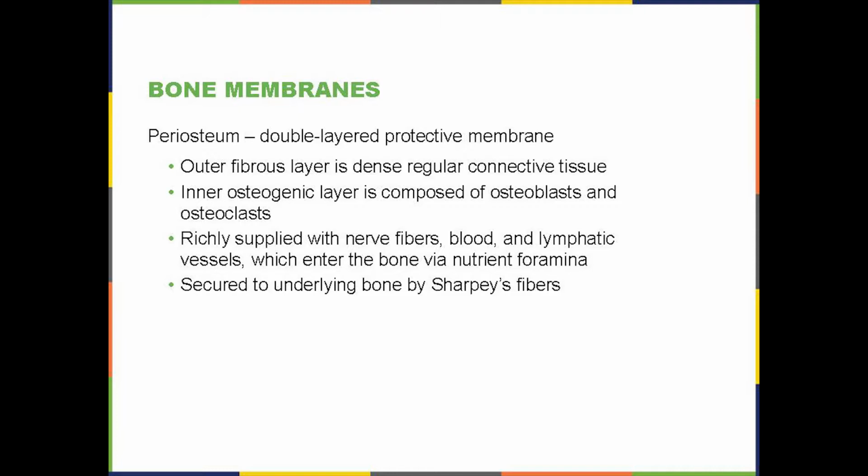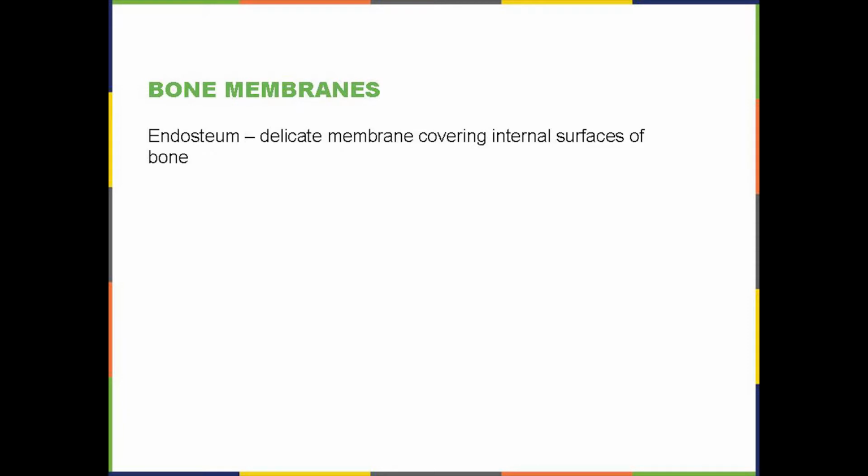Endosteum is on the inside. There's no diaphysis, there's no epiphysis, but they sandwich the spongy bone. So it's kind of like a bone sandwich. Got compact on the outside, which would be your bread slices, and your peanut butter in the middle. And that's your spongy bone.